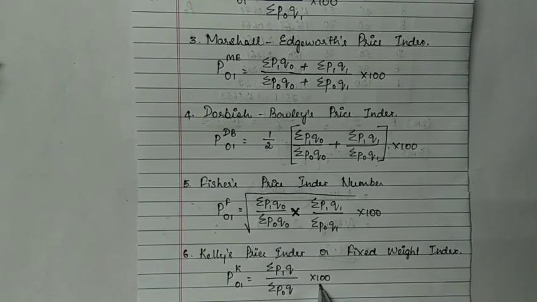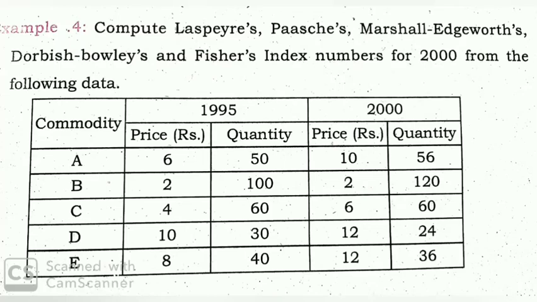So now let us solve problems on weighted index numbers based on weighted aggregative. Let us start with the first problem. Compute Laspeyres, Paasche, Marshall-Edgeworth, Dorbish-Bowley and Fisher's index numbers for 2000 from the following data.